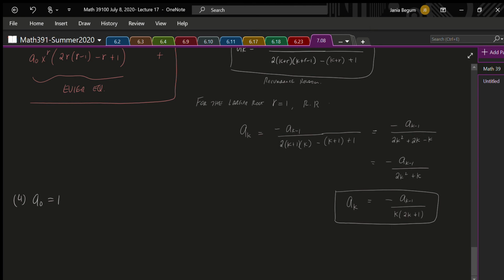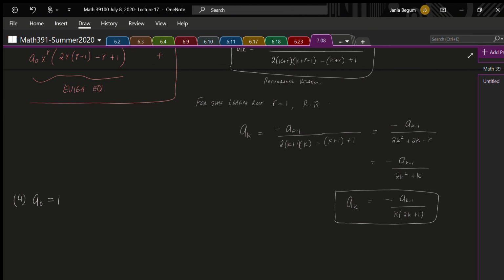So if k is equal to 0, we get, oh, no, so k is equal to 1, because we already gave you a0 is 1. So we're going to have to start k equals 1.